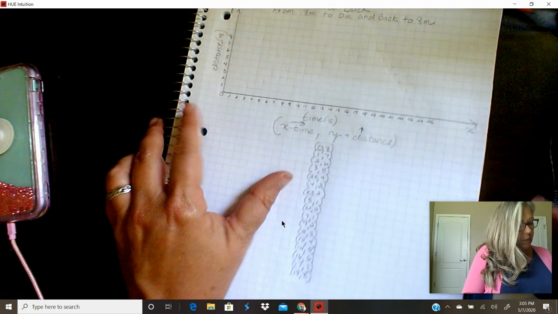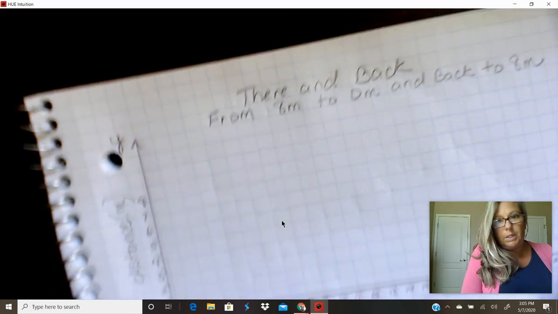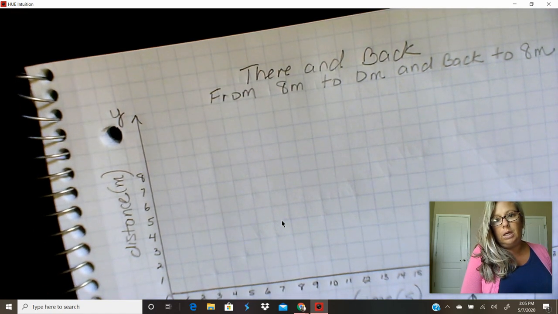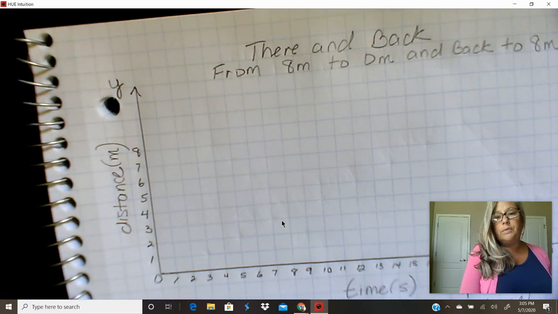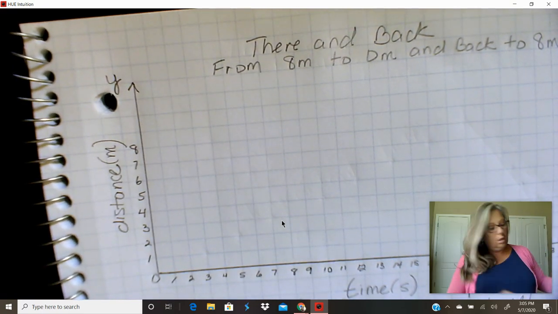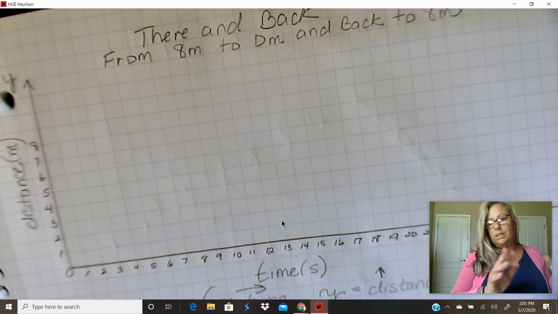All right, please keep in mind a couple of things about graphs. Graphs always have a title to tell you the main idea of what they're about. Remember, the whole idea of a graph is for you to be able to take a very complicated set of data like this and make some sense out of it at just a glance.